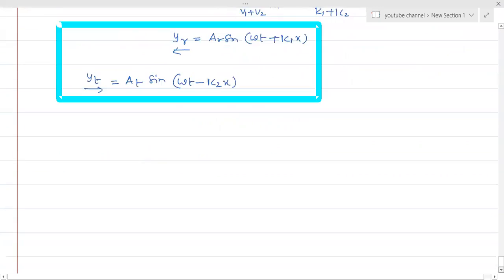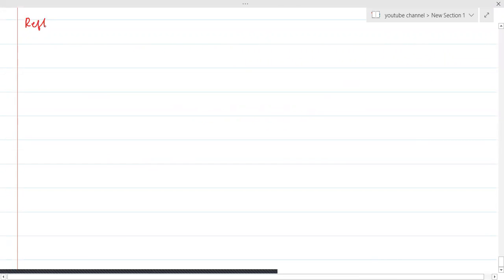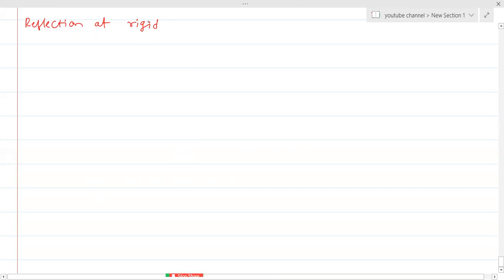Similarly, we used to observe the reflection at rigid end. Reflection at rigid end we are taking.